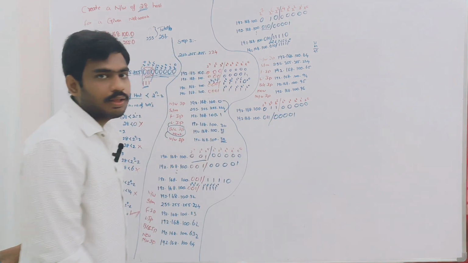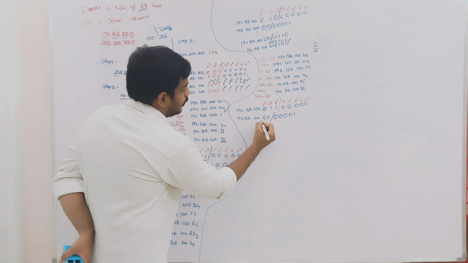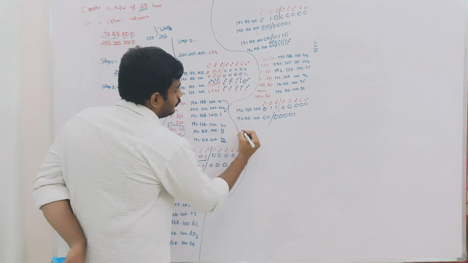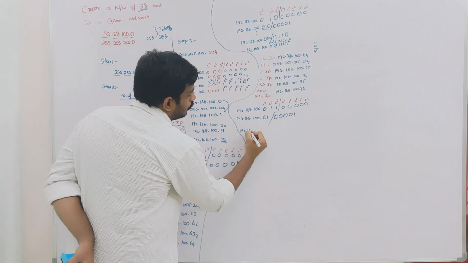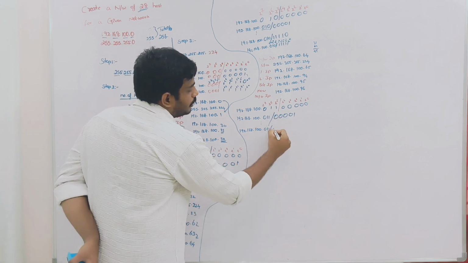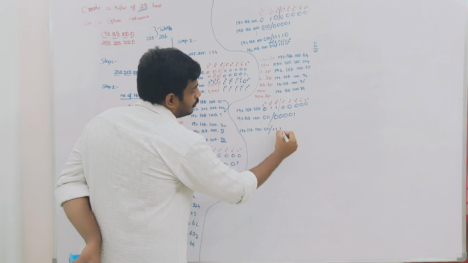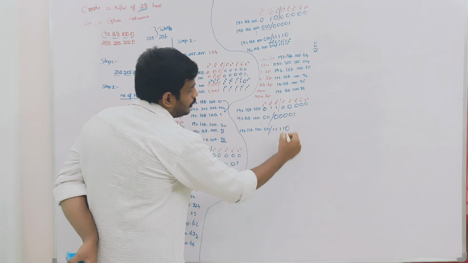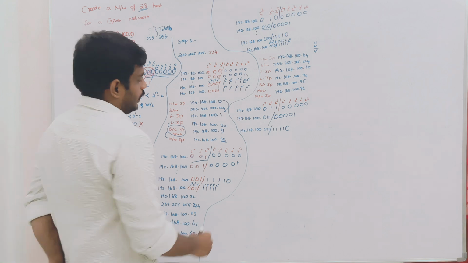00001. What will be the last IP? The inverse of this will be your last IP, which is 192.168.100.011 slash, 0 will be turned into 1, 0 turned into 1, 0 turned into 1, 0 turned into 1, 1 turned into 0. What is the broadcast IP?